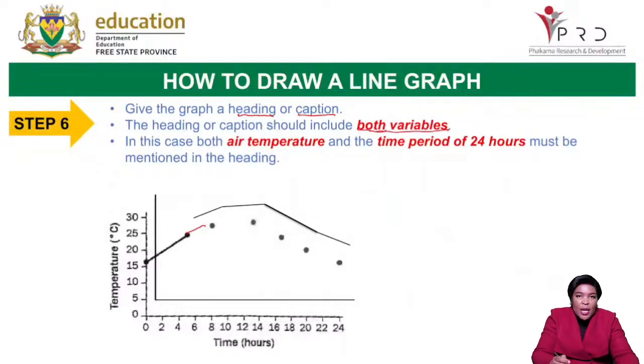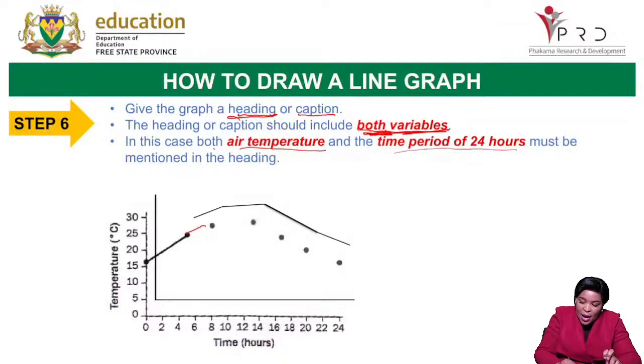The graph showing the influence or the effect of light on the growth of tomatoes, or time in hours, temperature, what? It must have 2 variables in the naming of the heading. In this case, because our table has temperature and also time, both must be mentioned in the heading.